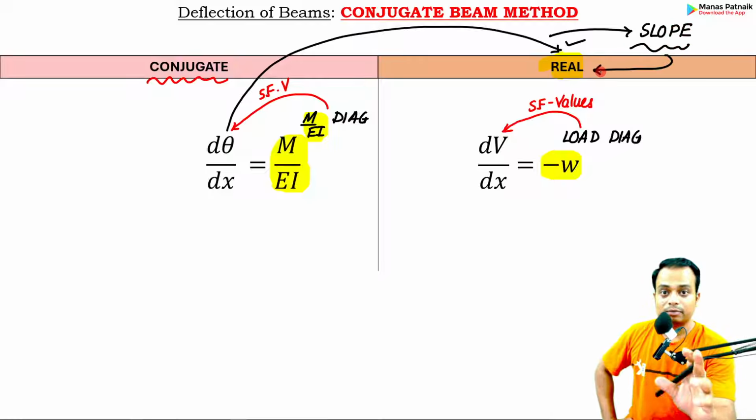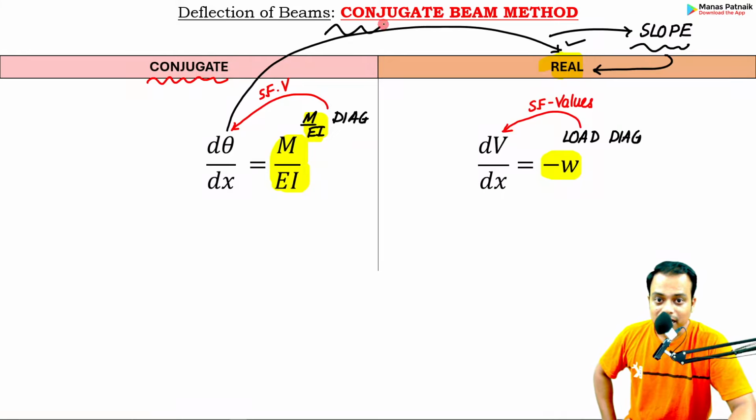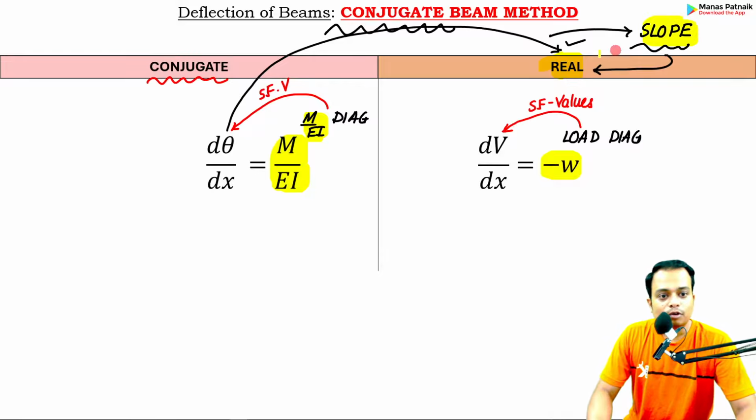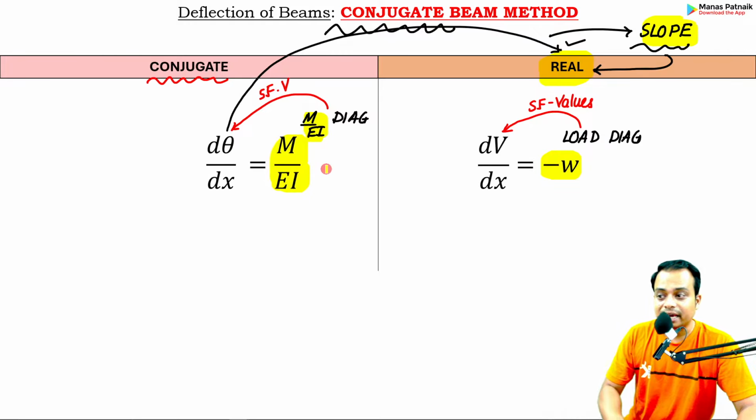I am going to demonstrate this to you, that the shear force calculated for a conjugate beam qualifies as the slope for the real beam. Yes, that is true. This will happen, provided you have the M over EI diagram, provided you have the conjugate beam.